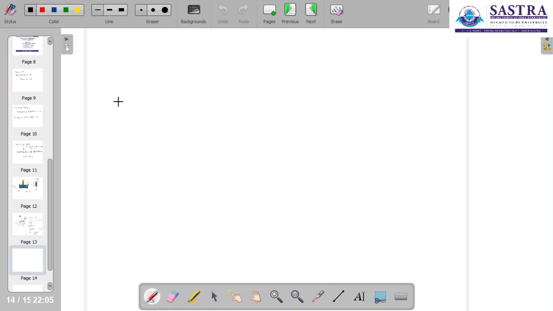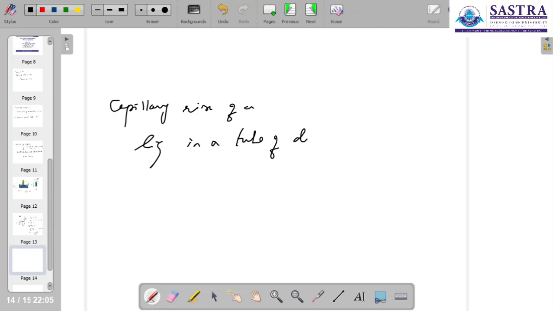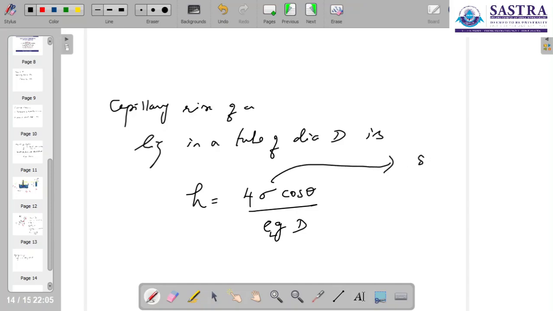So the capillary rise of a liquid in a tube of diameter d is given by h equals 4 sigma cos theta by rho g d. Here rho is the liquid density, sigma is the surface tension of the liquid, and theta is the contact angle.